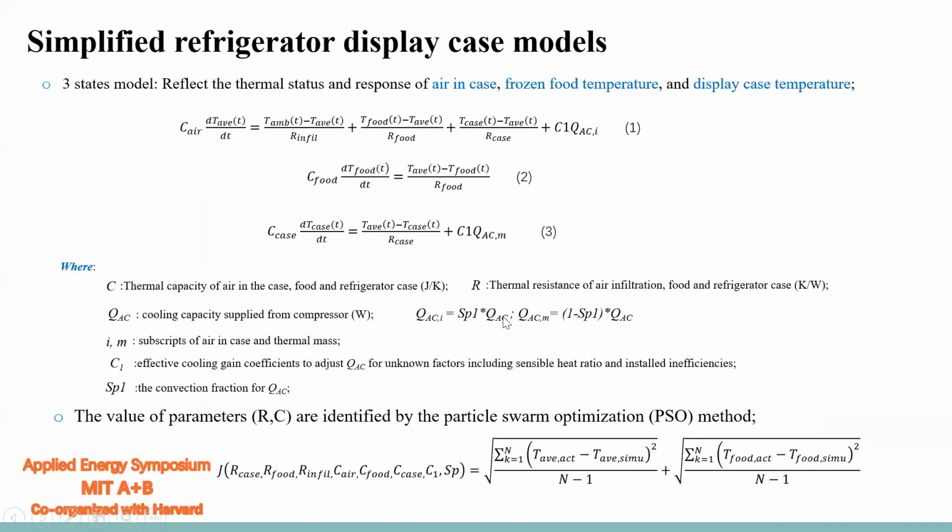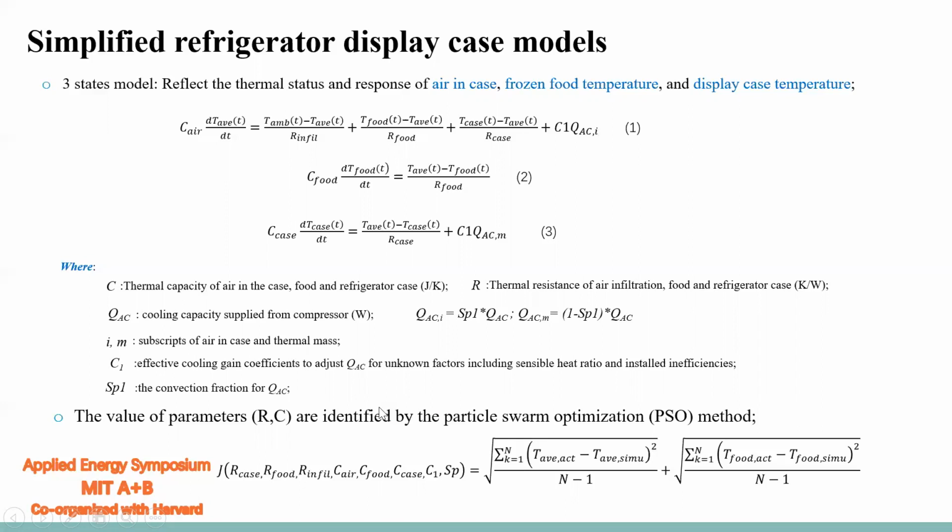Both medium temperature and low temperature display cases are modeled with the same equations, but the ranges of the parameters are different. The searching process for the optimal values of these undetermined parameters in this model is a kind of nonlinear optimization process.